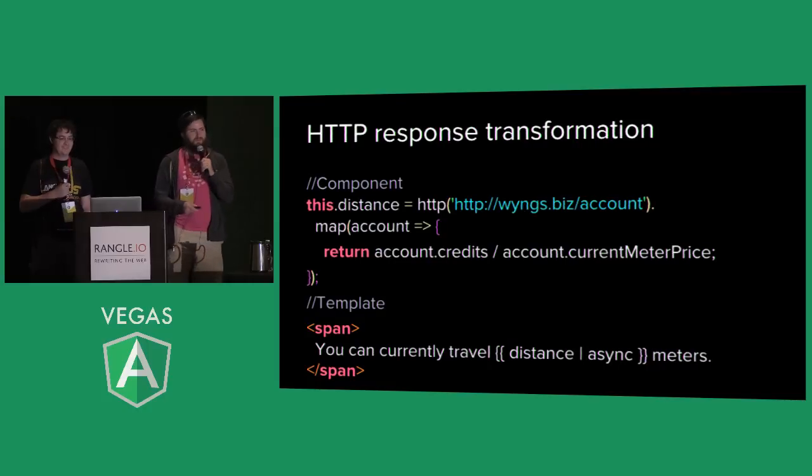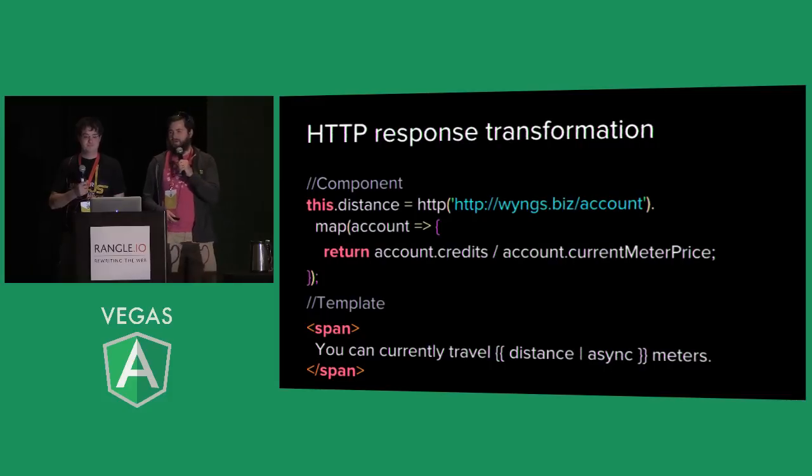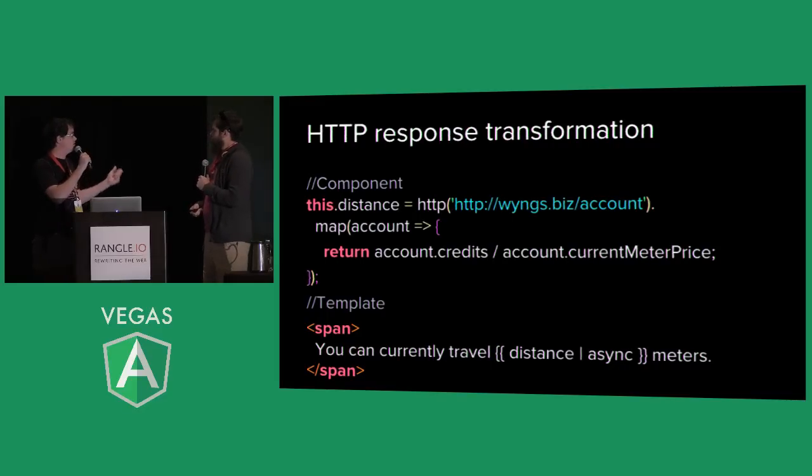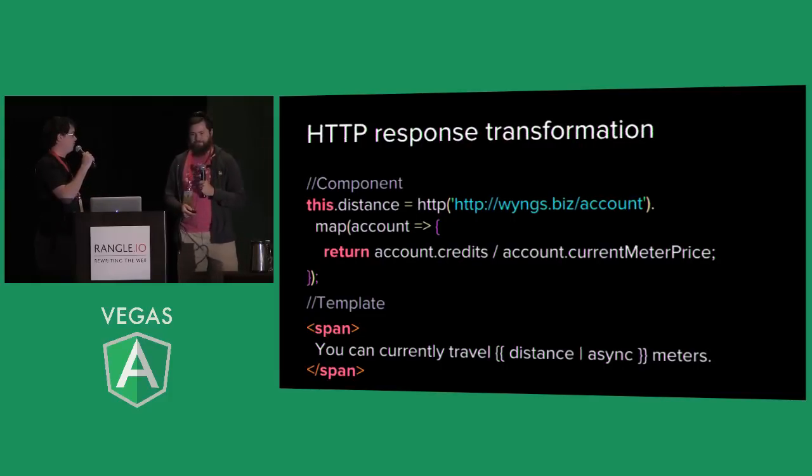So when I look up my credits in the app, I don't care so much about how many credits I have at the given time. I care about how far they can get me. So in Wings, they request the entire account object, which has this field called credits, and they transform it in their controller, dividing by the current meter price to get the distance that Jeff is able to travel. Then they use the async pipe to simply bind that into their view.